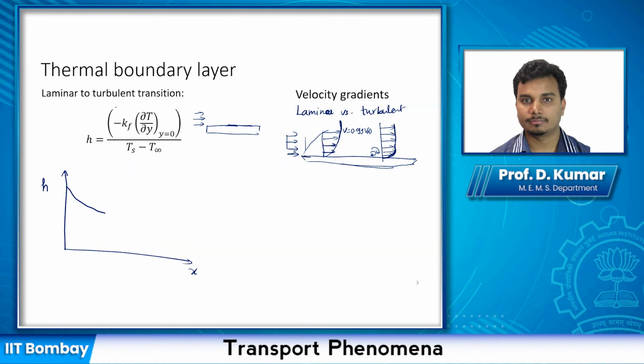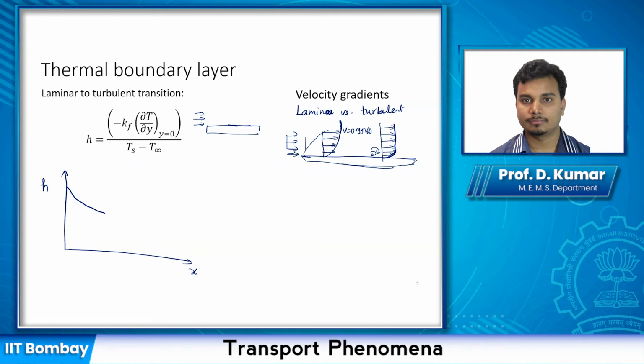As the thickness grows, dou T by dou y will also decrease, and that is why h decreases. Now, in the transition region, the flow can be sometimes laminar, sometimes turbulent, so it has some mixed behavior.